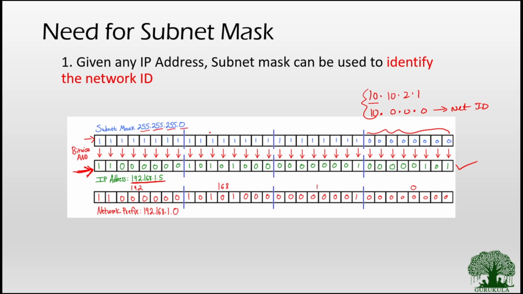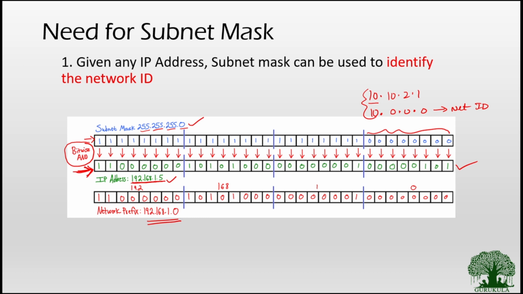So my subnet mask will be 255.255.255.0. Now you perform a bitwise AND operation between the subnet mask and the IP address, which will give you the network ID of the given address space. That is how you can easily calculate the network address of any given IP address.